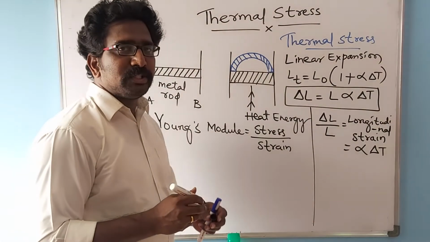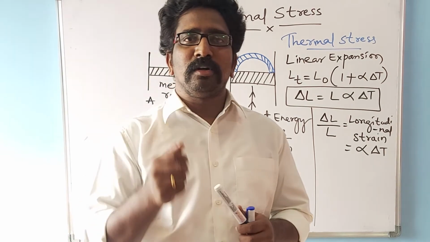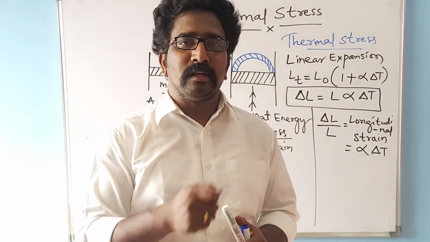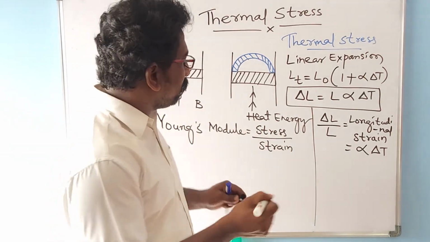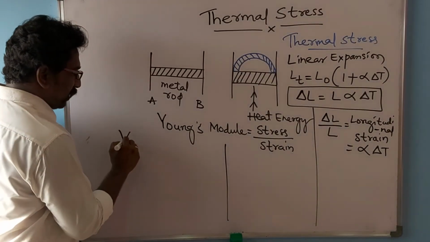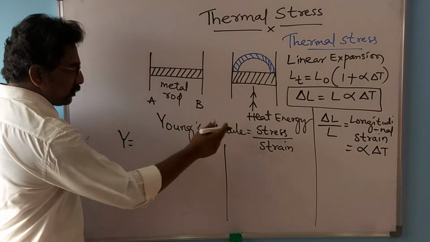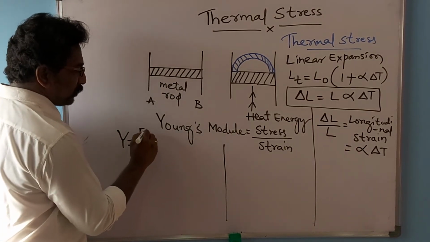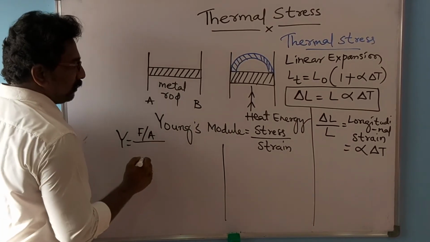So what is stress here? Stress is the amount of pressure which is developed in that particular rod. Young's modulus is equal to stress by strain. The stress is force per area, divided by strain.